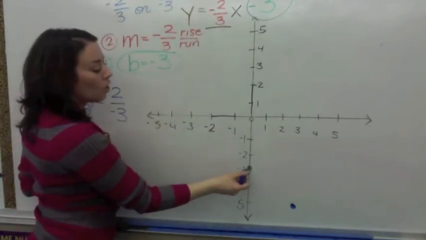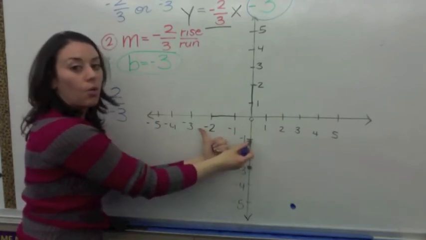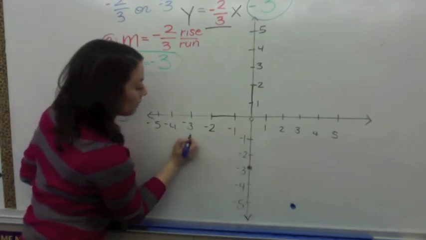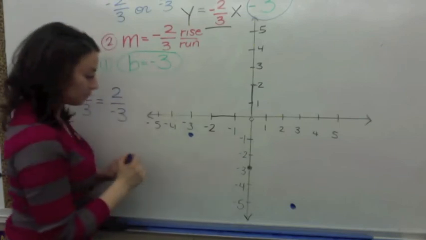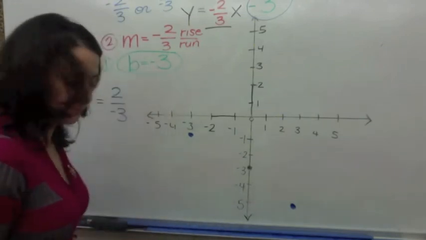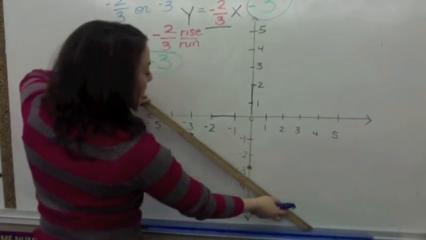Watch it. Go up 2, 1, 2, but now we're going to run over 3. So you're going to say 1, 2, 3. And this point should be at -3, -1. Let me see if I did that right. I did. Yay. That's a relief. Okay. So you have your 3 points.